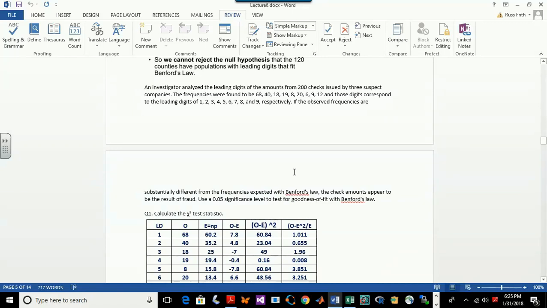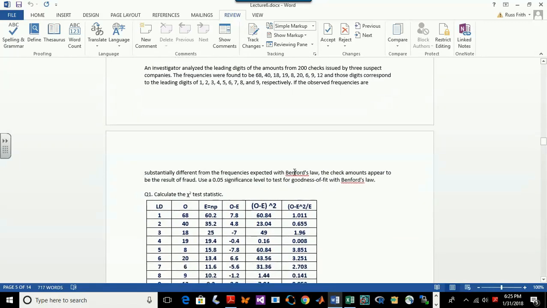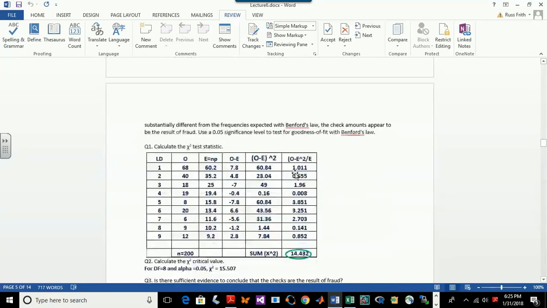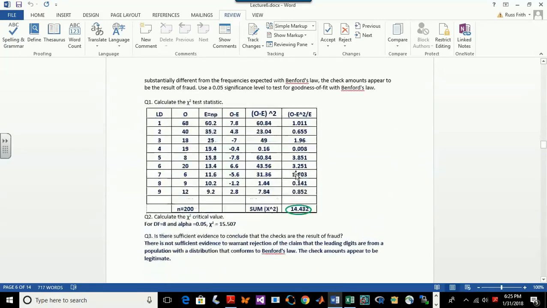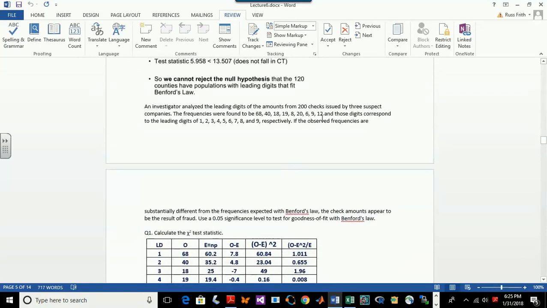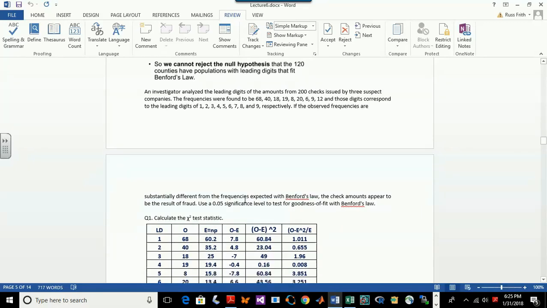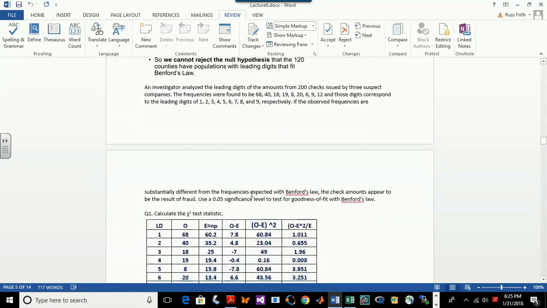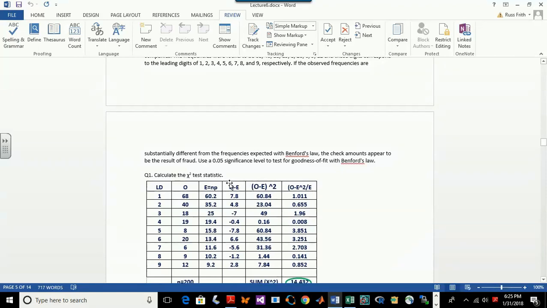Okay, so what are the null and alternate hypotheses for this problem? We want to calculate the chi-squared statistic.